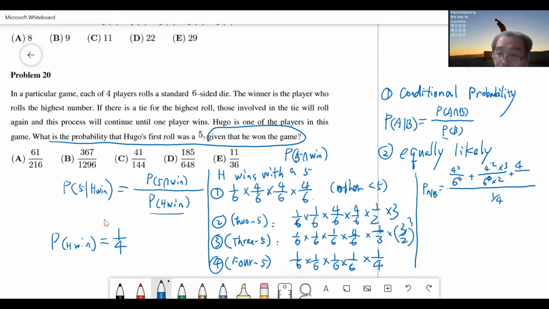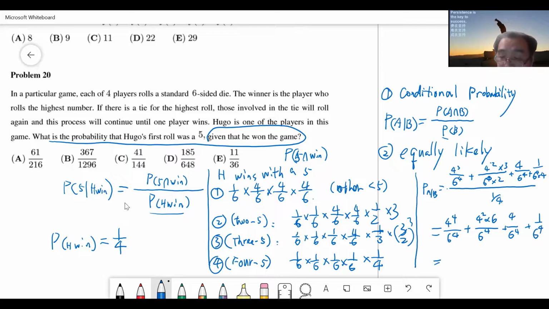Cancel this, 4 over 6 to the power 4. And plus this is going to be 1 over 6 to the power 4 times 4. Okay, so then we simplify this. So we multiply by 4 up and down. So we have here, this is going to be 6 to the power 4. Then this is going to be 4 to the power 4 plus 6 to the power 4, so times 2, we have 6 to the power 2 times 6, plus 6 to the power 4, here 4 plus 1 over 6 to the power 4.